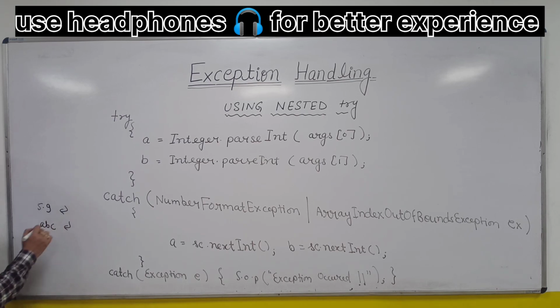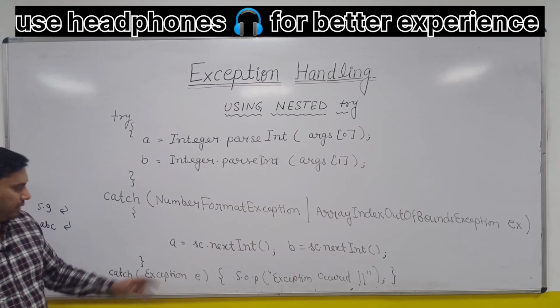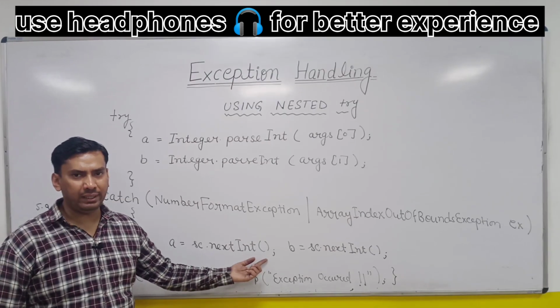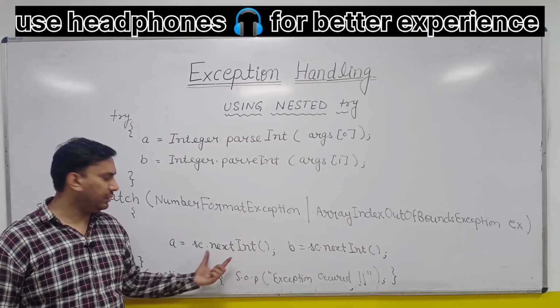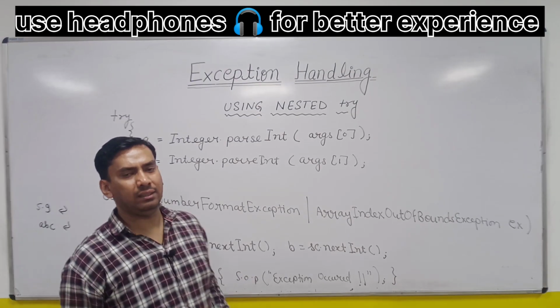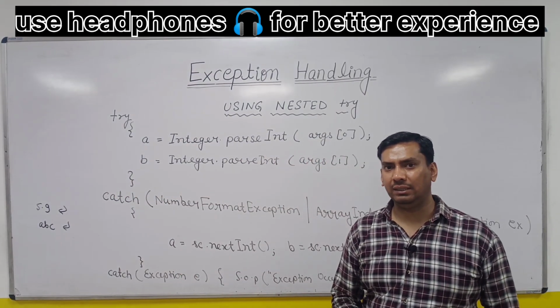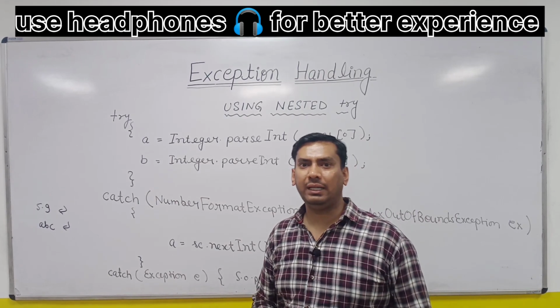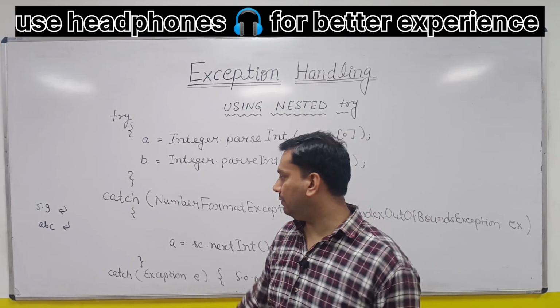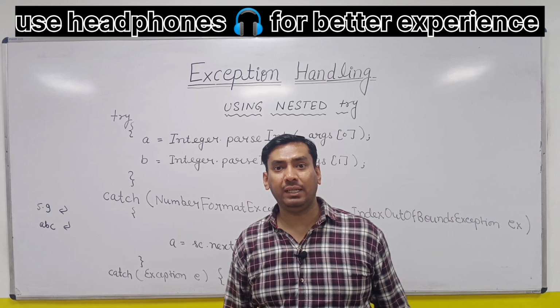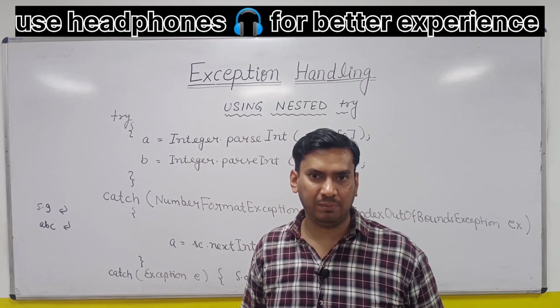Your input 5.9 will come here and it will try to convert it into int type. It is not compatible with int type, so here you will get a runtime problem called input mismatch exception.